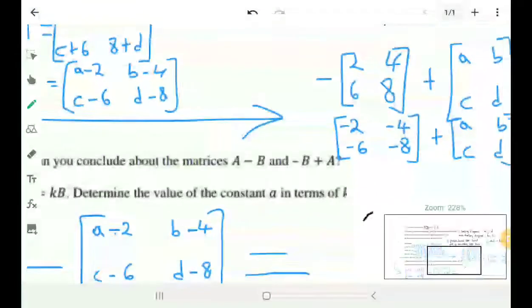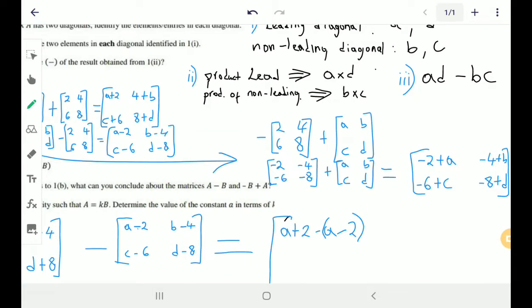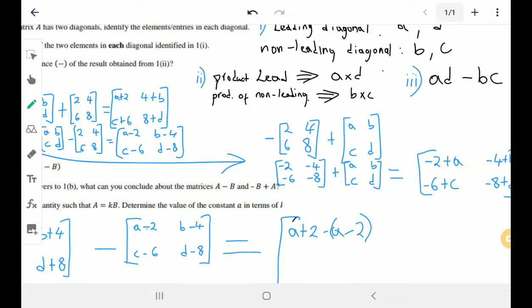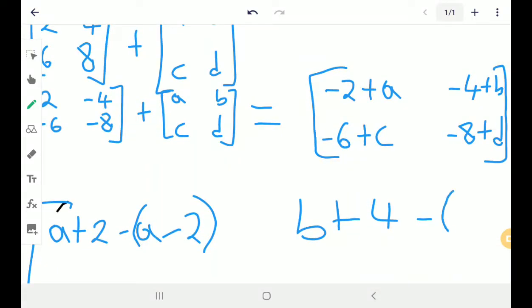So let me write it out for you so you can see it. So this would be A plus 2 minus A minus 2. Alright, because we're subtracting all of that. Okay, let me write the other one. This is B plus 4, minus B minus 4.